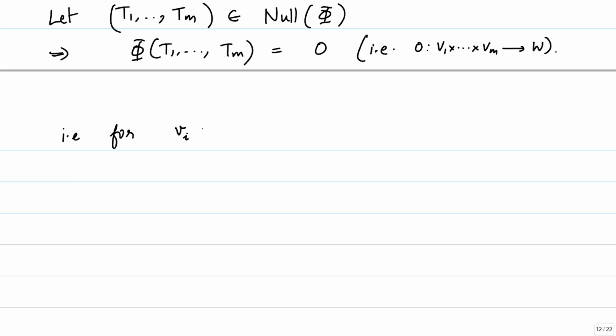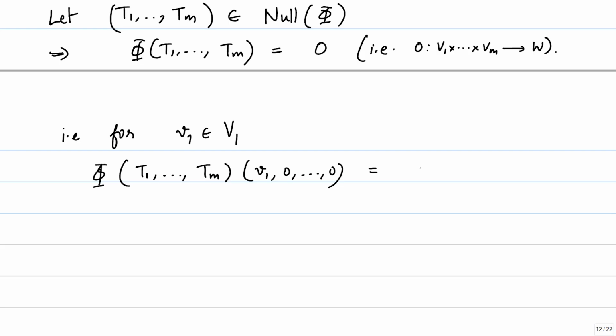That is, for V1 in capital V1, capital phi of T1 to Tm of V1 comma 0 comma 0, this is the 0 map acting on this, which is the 0 in W. Notice that this is the 0 in W. Now what is this? The left hand side is just T1 V1 plus T2 of 0, which is 0, plus Tm of 0, which is 0, is equal to the 0.